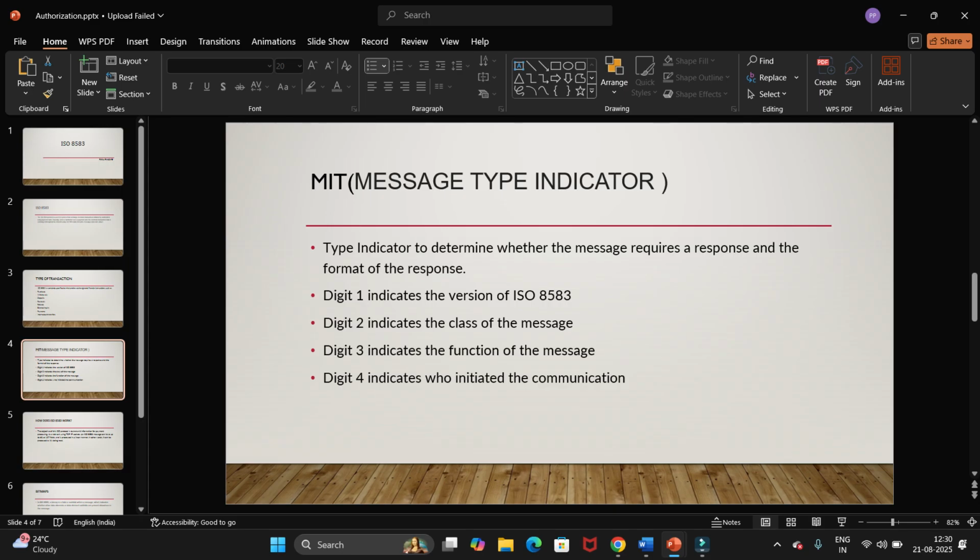The third digit indicates the function of message, like whether it is a request or a response. The last digit indicates who initiated it, whether it is the issuer bank or the acquirer bank. So this is the message type indicator.